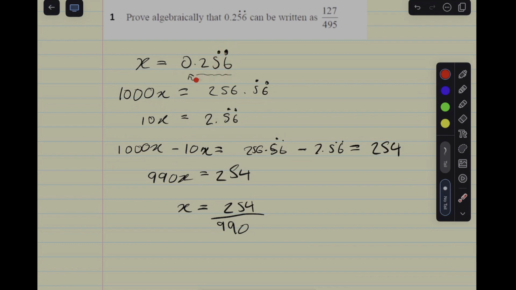The way to separate this in this case was to times it by 10. So 10x equals 2.56. And then, because you want to put it in terms of x so you can create an equation, you do 1,000x minus 10x, which equals 256.56 minus 2.56, which is 254, which is basically saying 990x equals 254, and then you get 254 over 990.